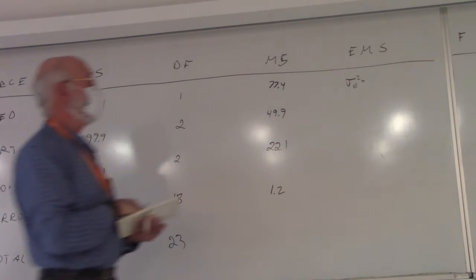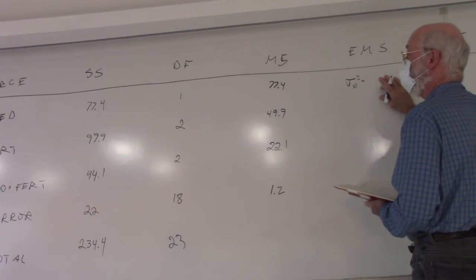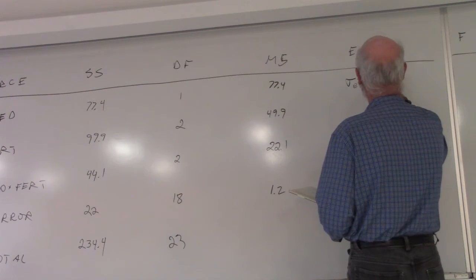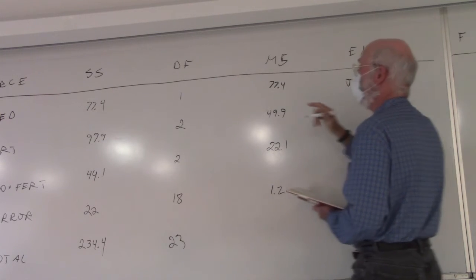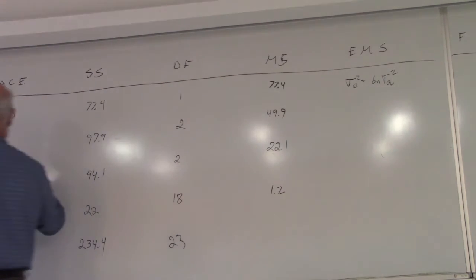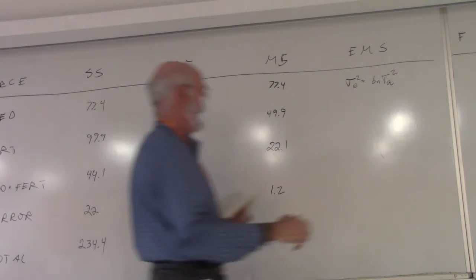The expected mean squares are sigma E squared plus BN sigma A squared. B, right? I had 3 fertilizer levels, which is B. And then N, 4 observations, so 3 times 4 is 12, so B times N is 12.